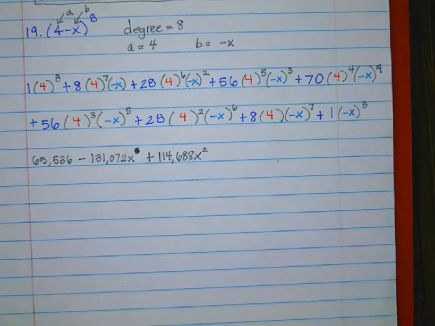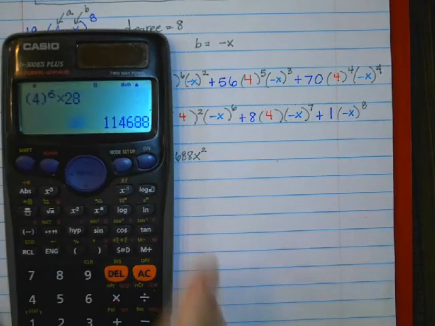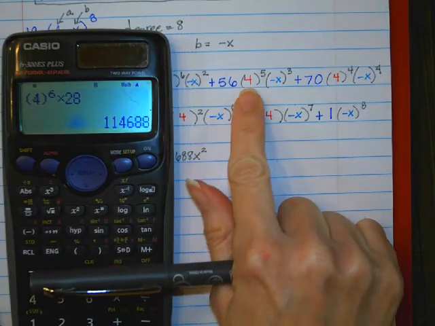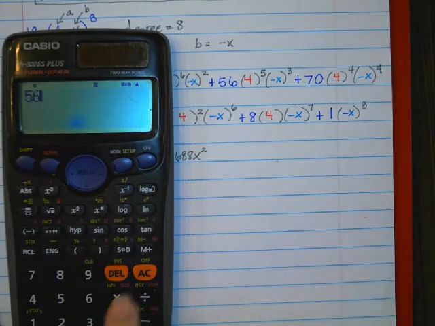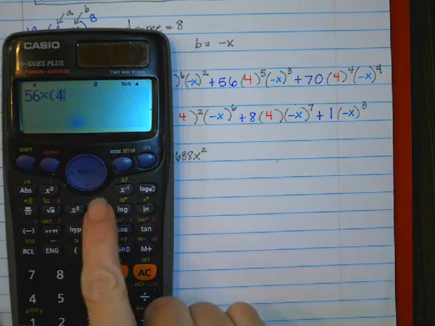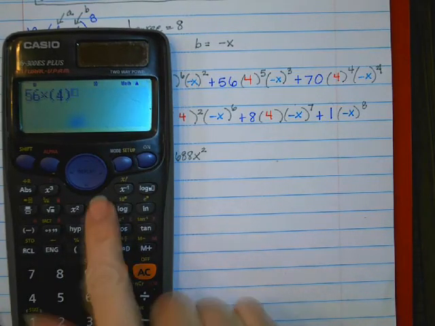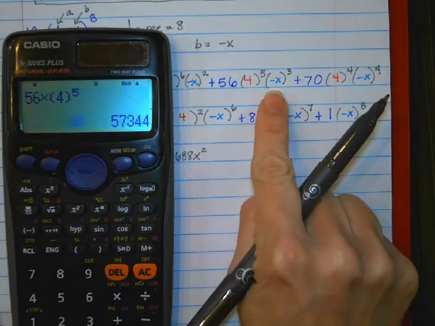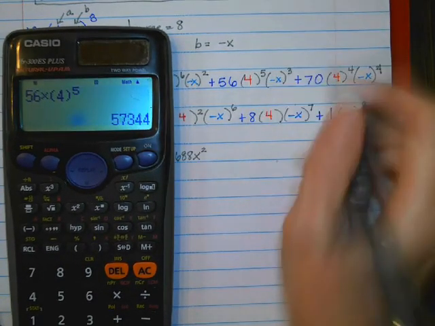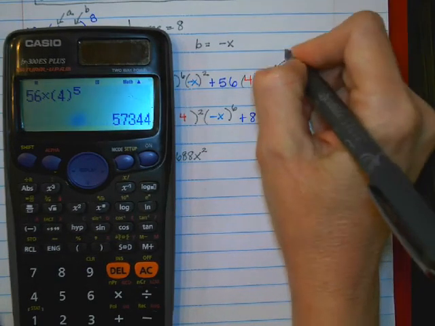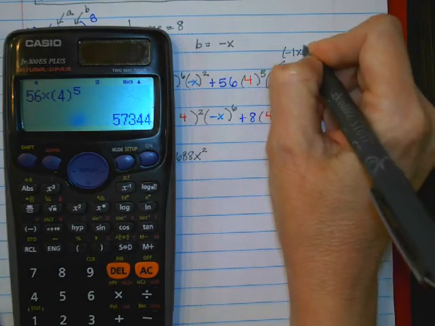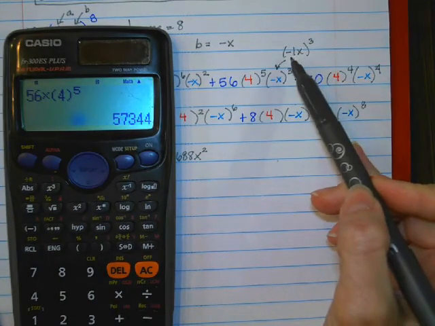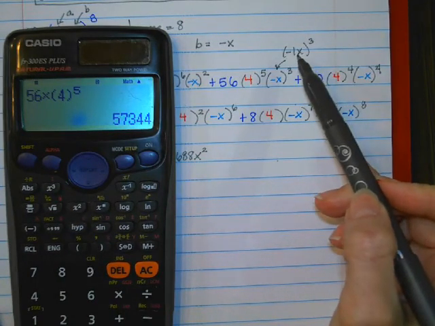All right. So now I'm going to multiply 56 times 4 to the 5th. Now, when I do a negative x cubed, this is the same as negative 1 times x cubed. So it's like taking a negative 1 times a negative 1 times a negative 1, which is a negative 1.